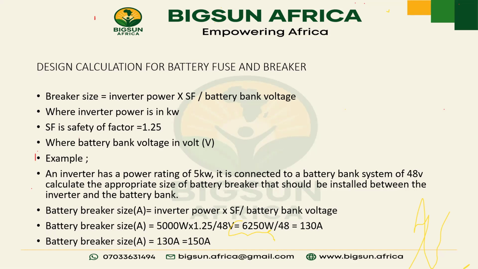The maximum I've seen so far is 125 amps, but there are 250 amps, 300 amps, and 400 amps DC breakers if you go to a solar shop. Those ones are bigger in size and cannot fit into that breaker box. They are MCCBs.